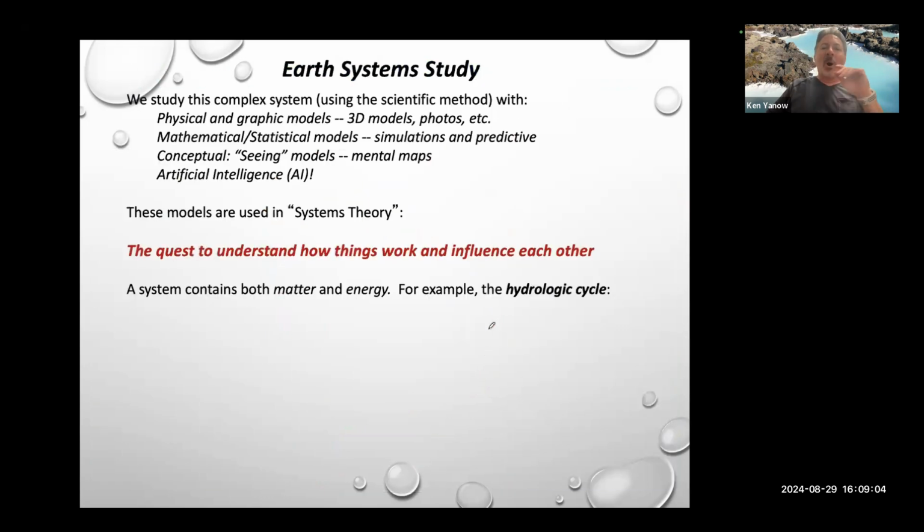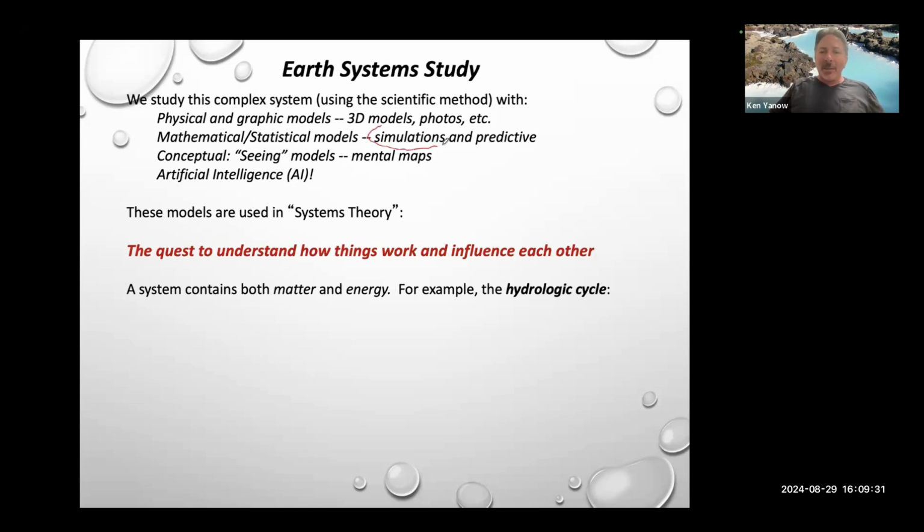All right, so when we're studying physical geography, it's pretty complex. And in our studies, we're going to make models, physical models, 3D. We'll look at photos. We'll look at mathematical and statistical models. We'll do simulations. We'll do predictive analysis. You might ask me, how do we know as much as you say we do about climate change?